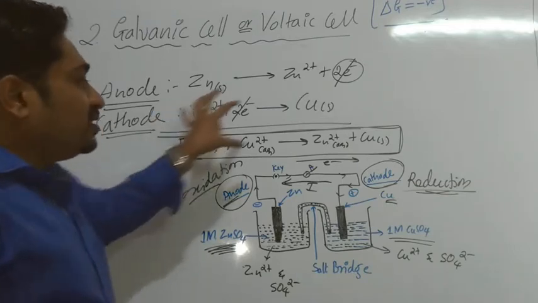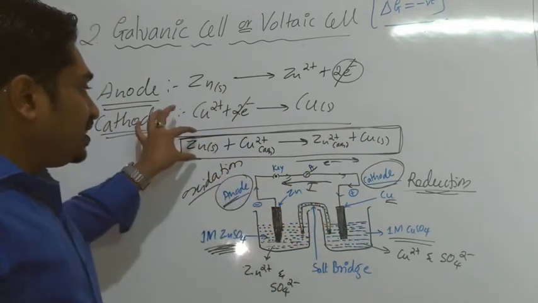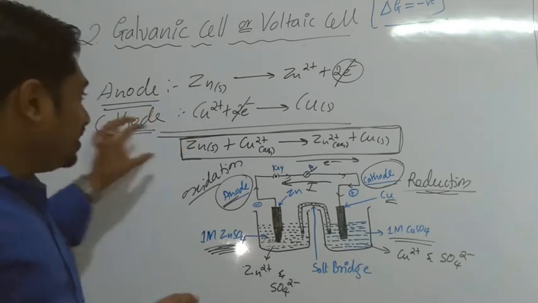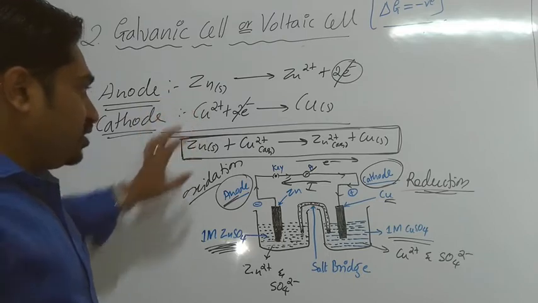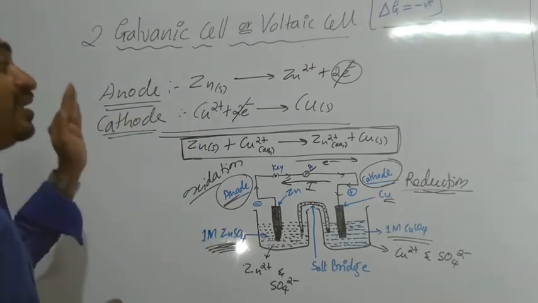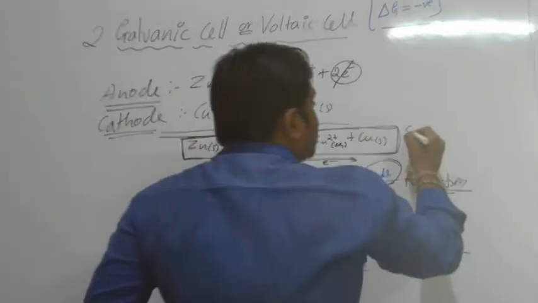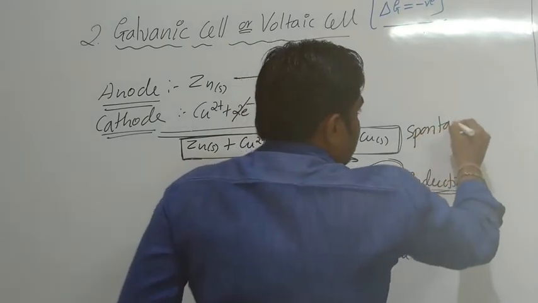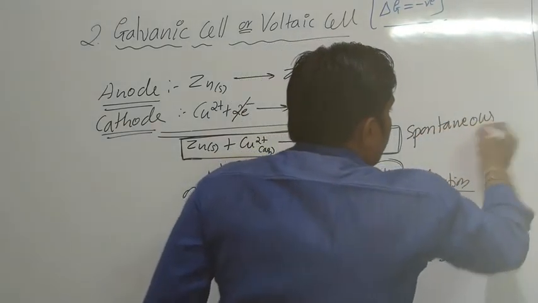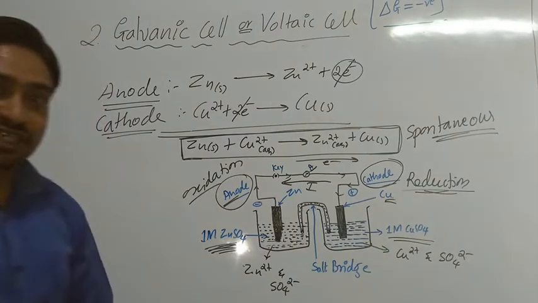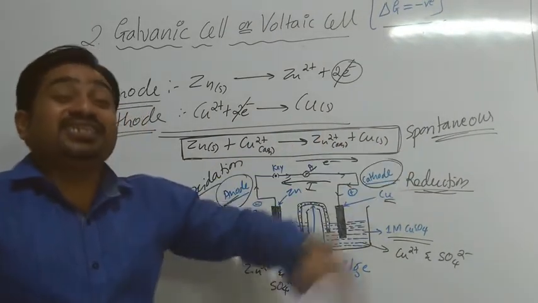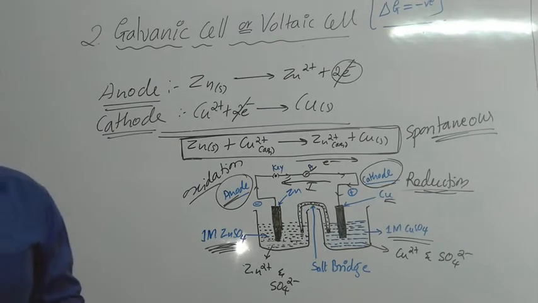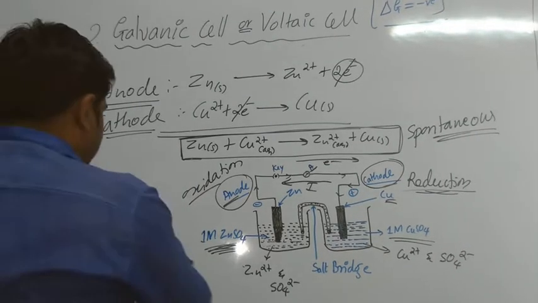This is the chemical reaction taking place in the Daniell cell, and this is actually a redox reaction, and it is a spontaneous reaction. This spontaneous chemical reaction releases chemical energy in the form of Gibbs free energy.